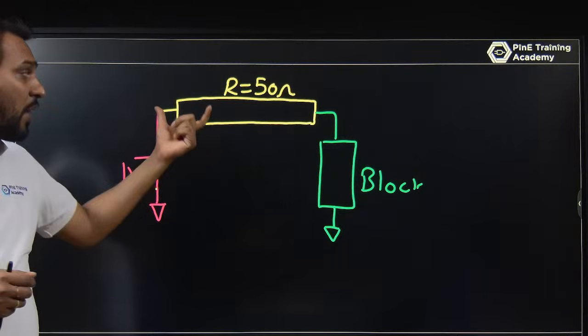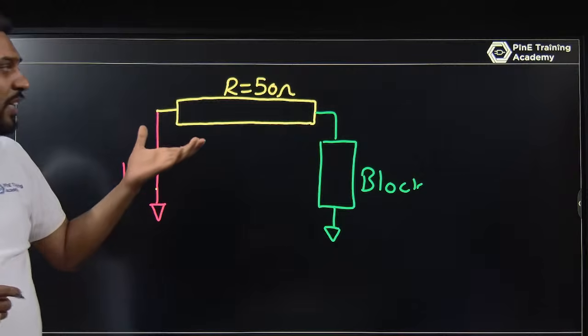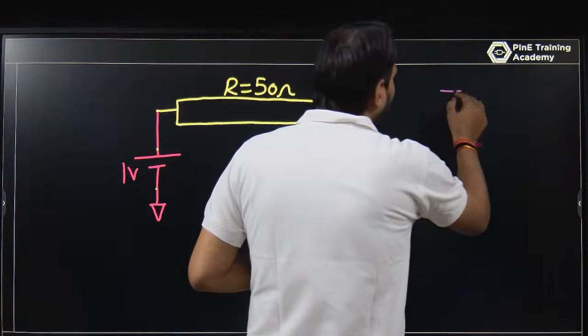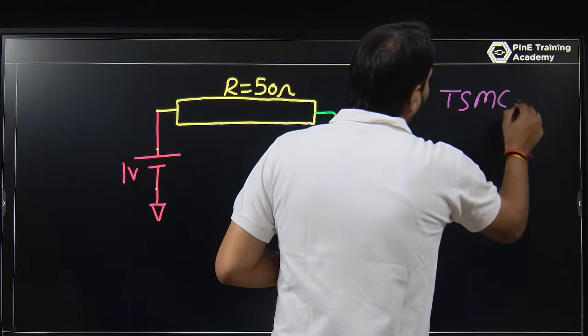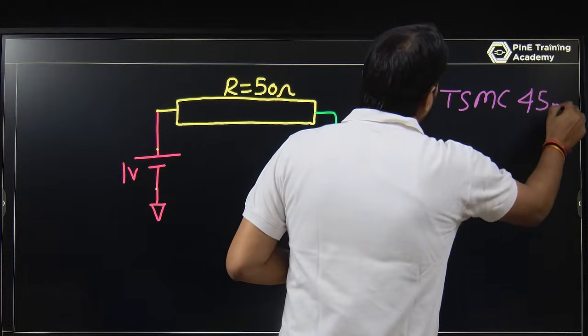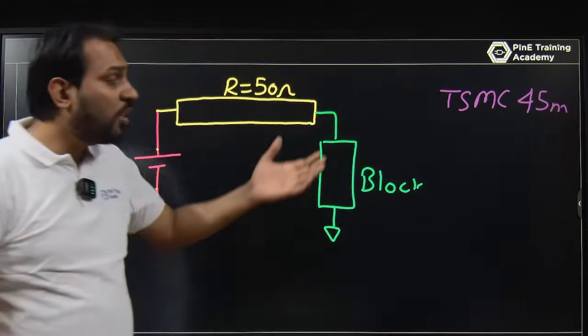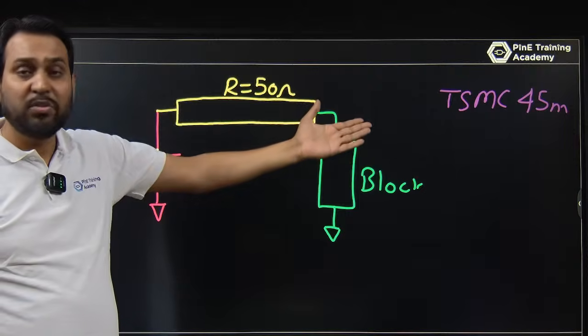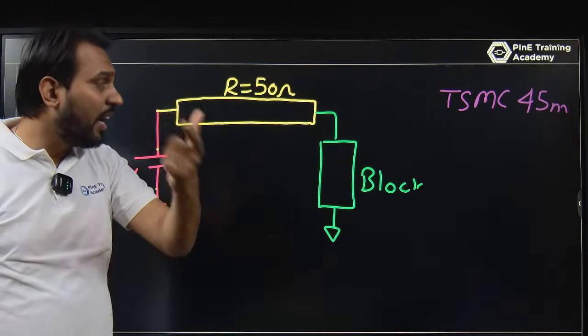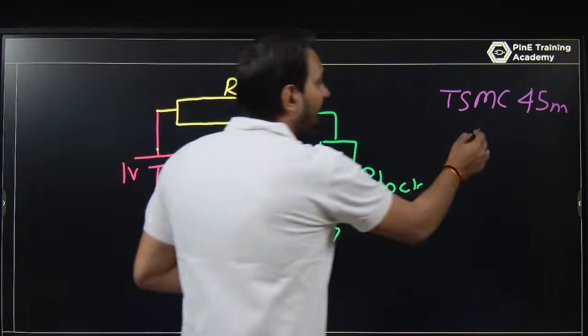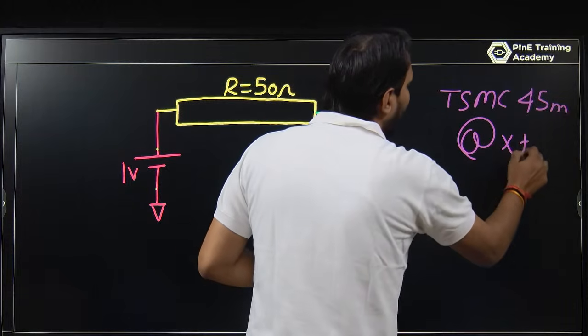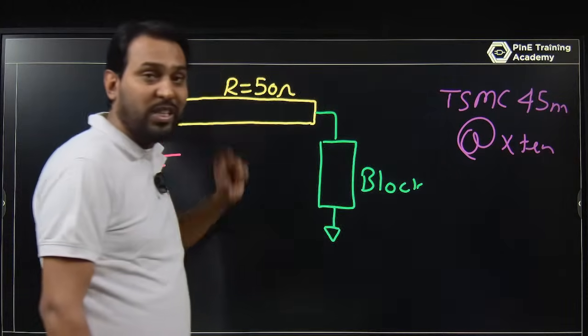So there is a requirement of the DRM file, whether you are using GPDK45 or TSMC, Taiwan Semiconductor, 45 nanometer technology. If you are using the 45 nanometer technology of TSMC, you go to the DRM file. In the DRM file, at X temperature, what will be the value of this resistance?